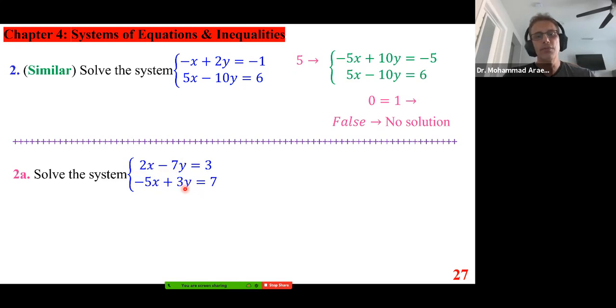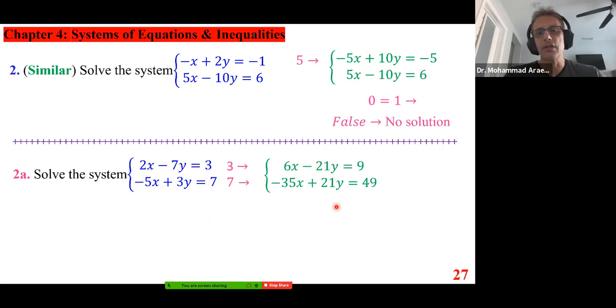So if we multiply the first one by 3 and the second one by 7, let's see what happens. This one gives us 6x minus 20y equals 9. And this one gives us minus 35x plus 21y equals 7 times 7, which is 49. And so the y's have coefficients that cancel each other.